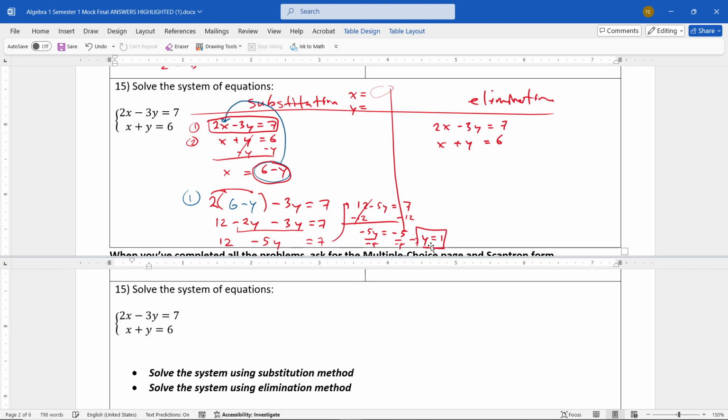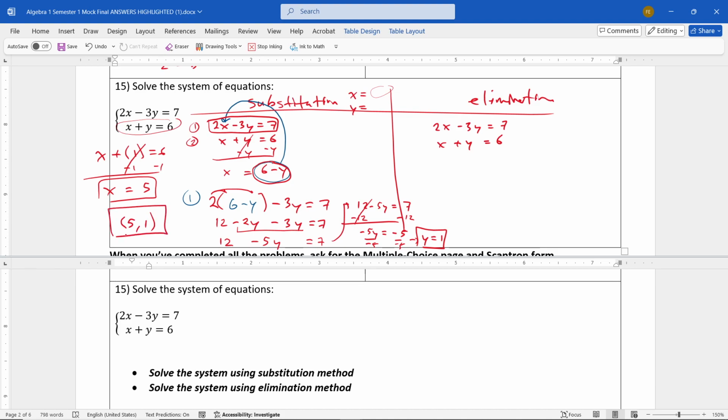Okay, once you find out one variable, in this case y is 1, then just plug that back into either equation to find the other one. So I'll use this equation because it looks the easiest to plug into. So we've got x plus 1 for y equals 6, and then subtract 1 to both sides. X equals 6 minus 1 is 5. So now I found both x is 5 and y is 1.